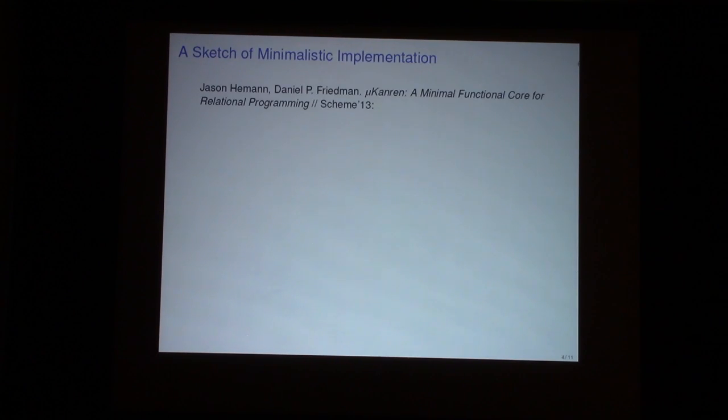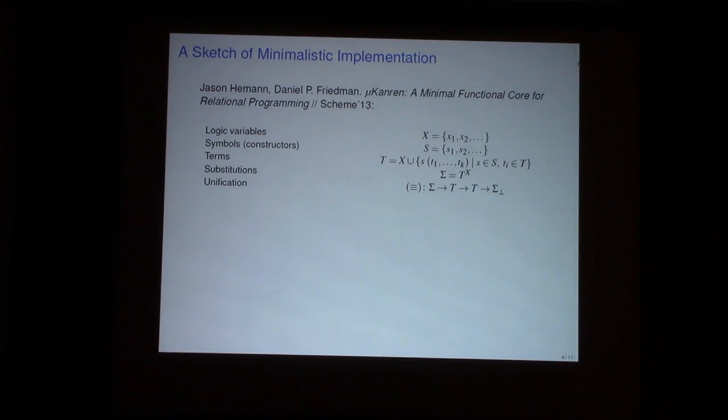So, when you create a new implementation of miniKanren, you usually look into a minimalistic implementation called microKanren, and you deal with notions related to relational programming like logical variables, symbols, terms, substitutions, and unification, which is a primitive which takes a substitution and two terms and tries to make these terms similar.